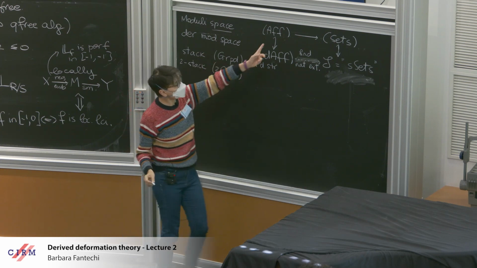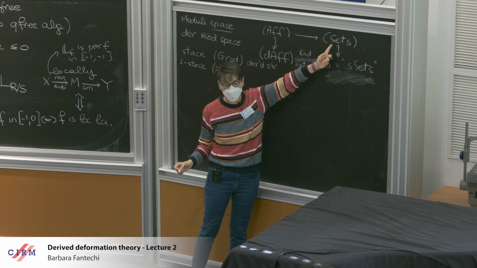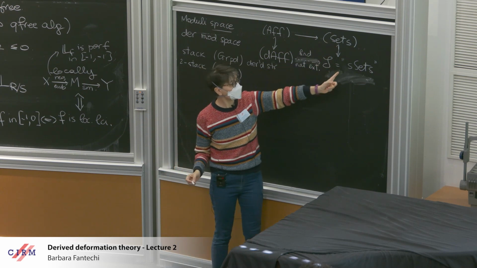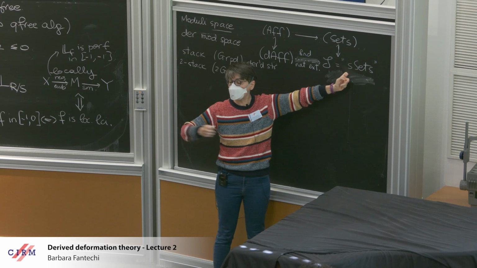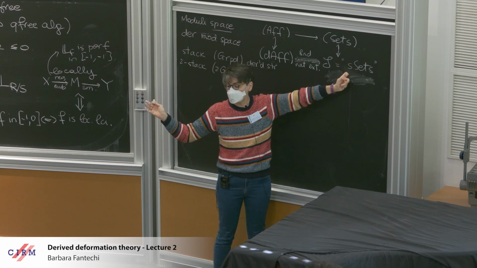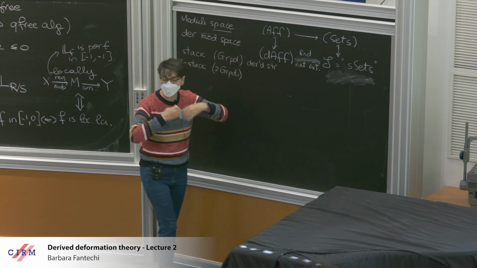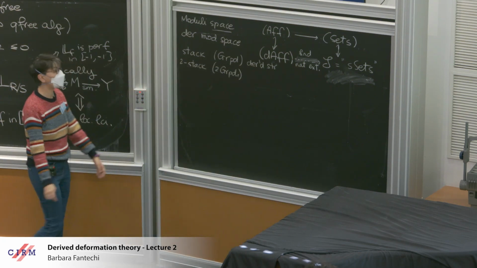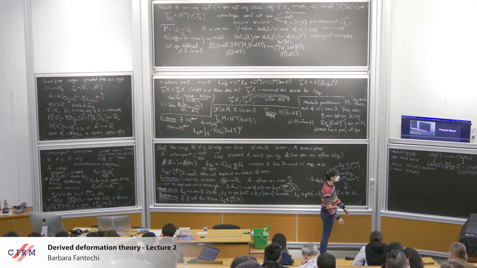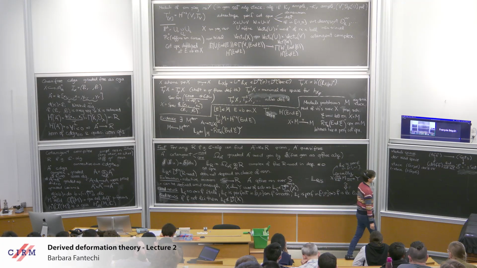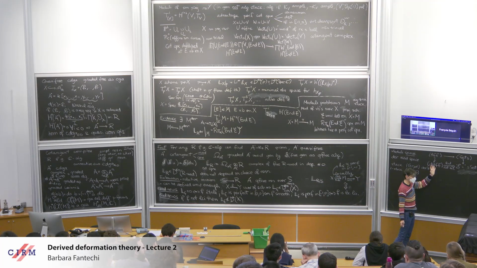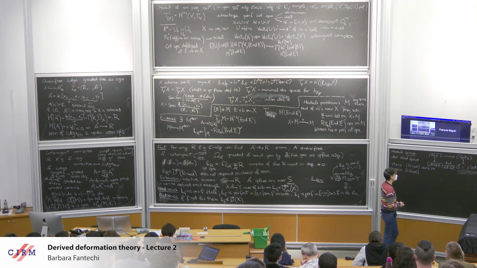At every step the point is that sets are just the elements where all higher cohomology and higher homotopy vanish, and groupoids are the ones where homotopy from 2 and higher vanishes, and so on. So let me try and start setting up.